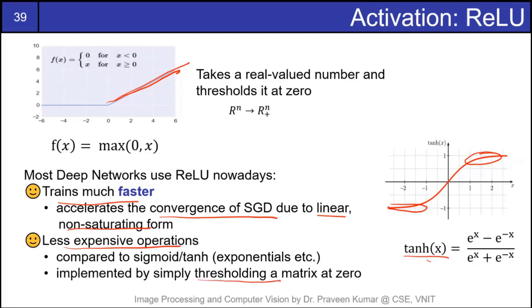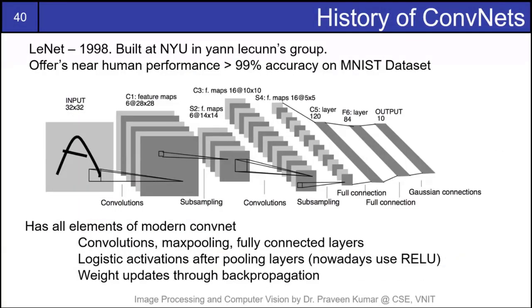If it is greater than 0, you take just x; if it is less than 0, you make it 0. So it's a simple thresholding operation, which is easier to do in comparison to tanh and sigmoid. So it turns out that ReLU actually helps the convergence of your training much faster in CNNs.